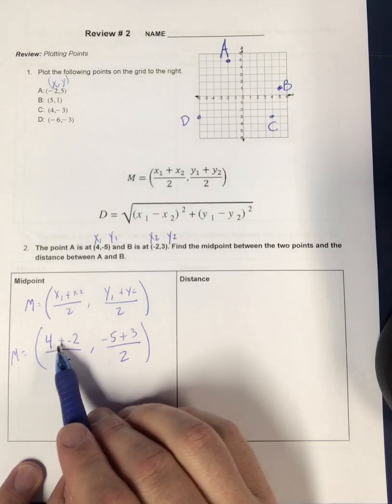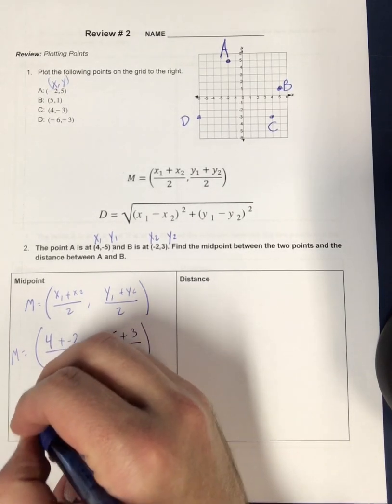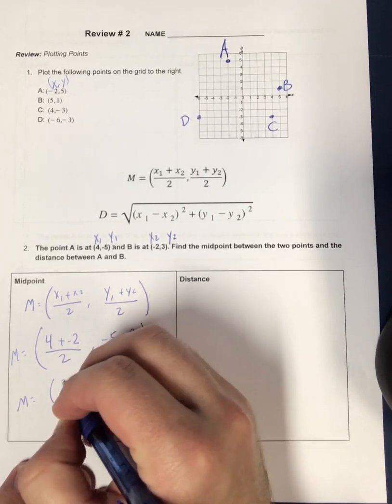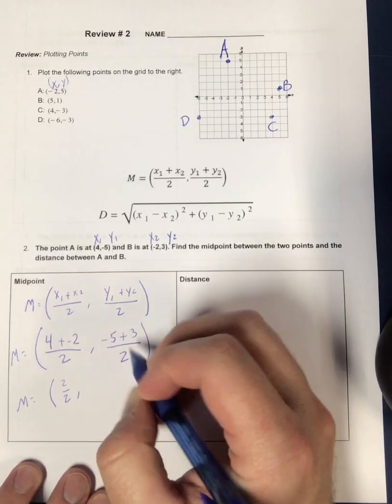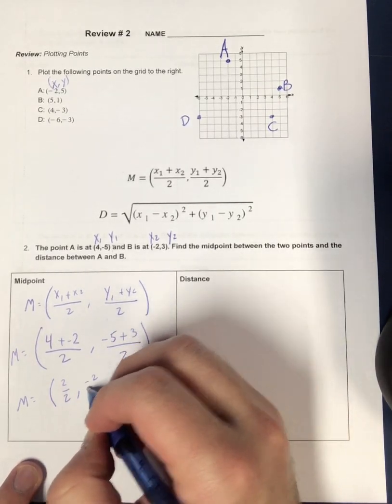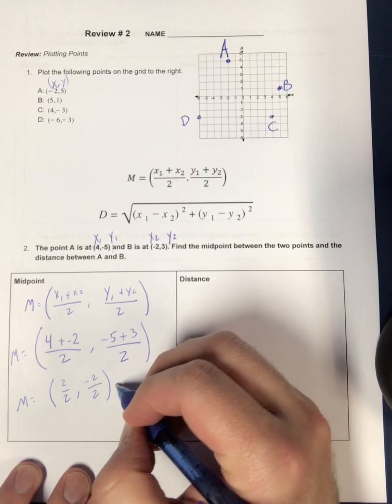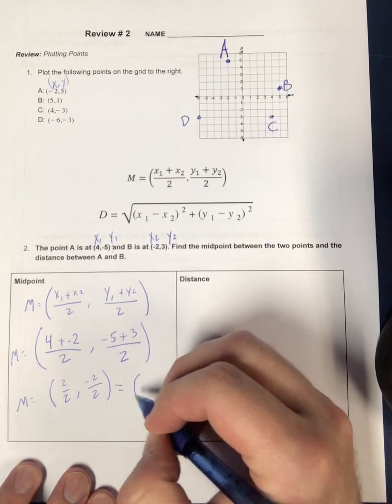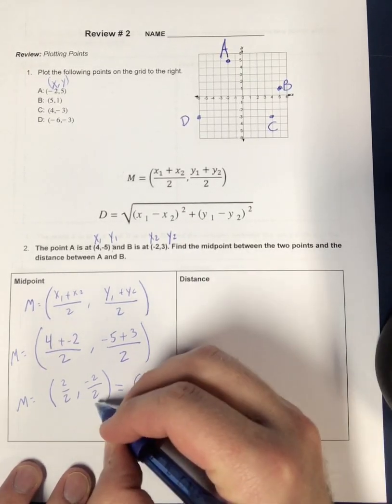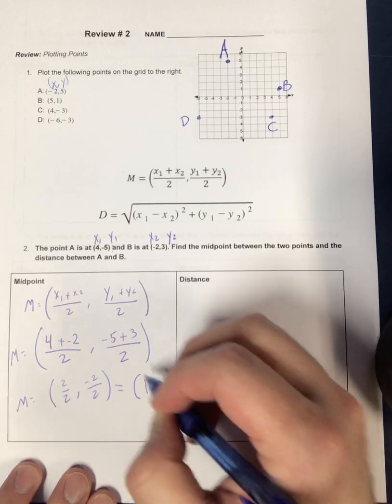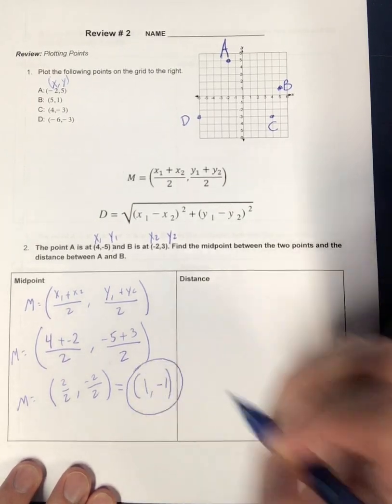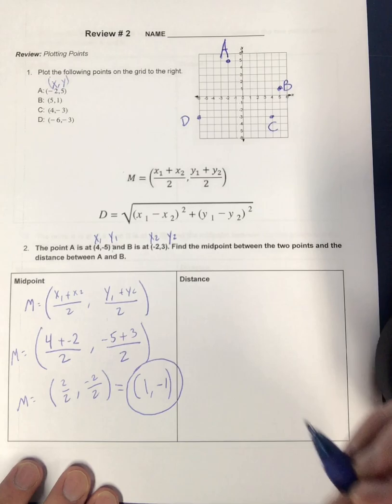Then we do the math out. 4 plus -2 is 2. -5 plus 3 is -2. So the midpoint ends up being 2 over 2 is 1, -2 over 2 is -1, so (1, -1) is the answer. Okay, distance formula time.